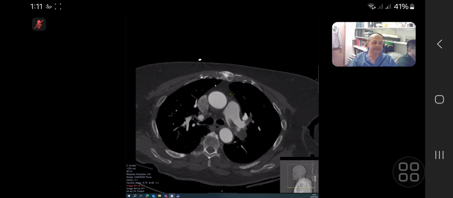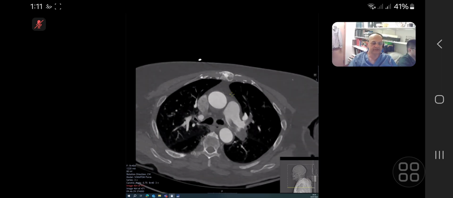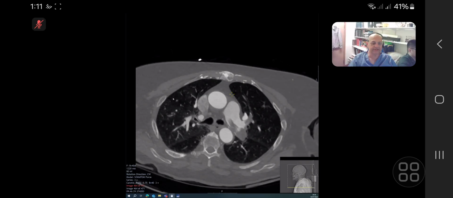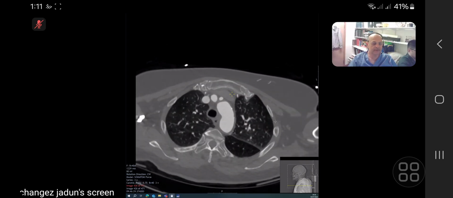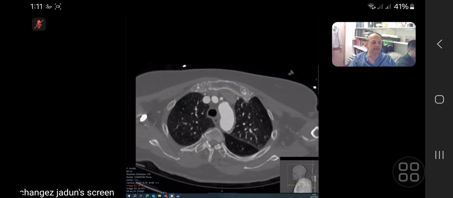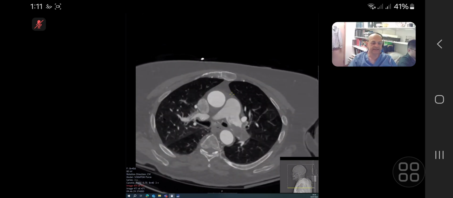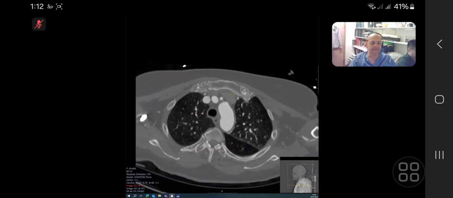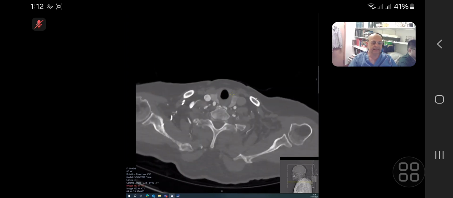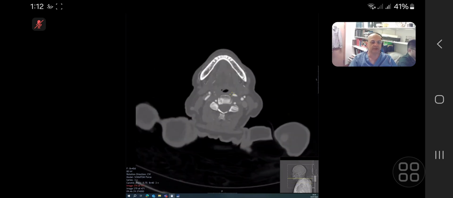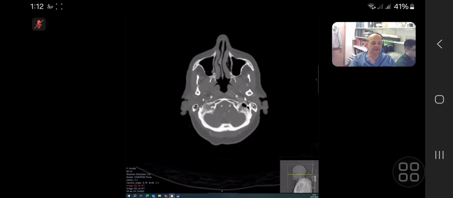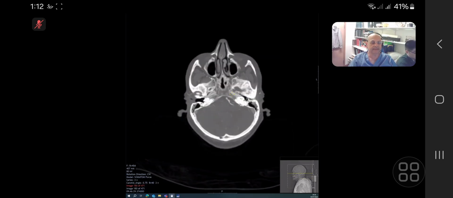Whenever you are looking at CT angios, you must look at the pulmonary vasculature. You must look at the lungs. You will be surprised, you will pick up incidental cancers. And in this case, there was a large bilateral pulmonary thrombus.